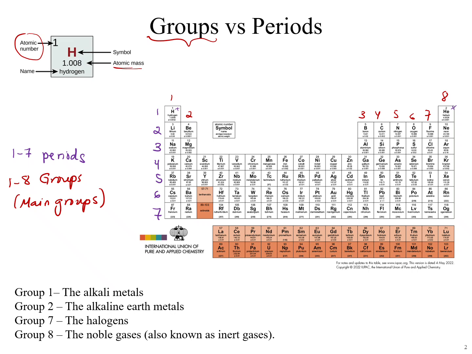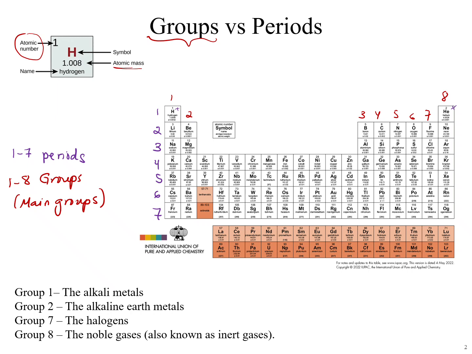So 1 through 8, starting on the left where you have hydrogen, and remember groups are vertical columns. So when I'm writing down that 1 on top of hydrogen, I'm referring to group 1, which is all of that column starting with hydrogen, ending with francium at the very end of the column. So 1 through 8 is the numbers that I'm using to refer to the main groups on the periodic table.